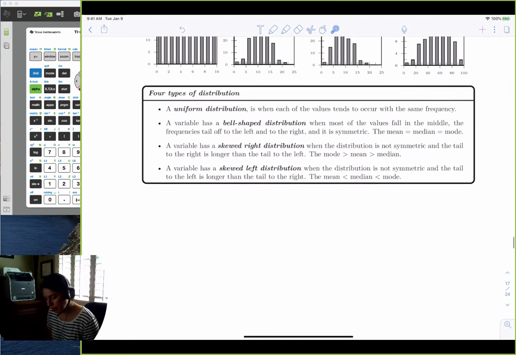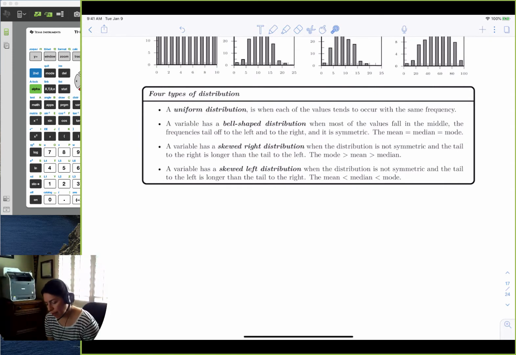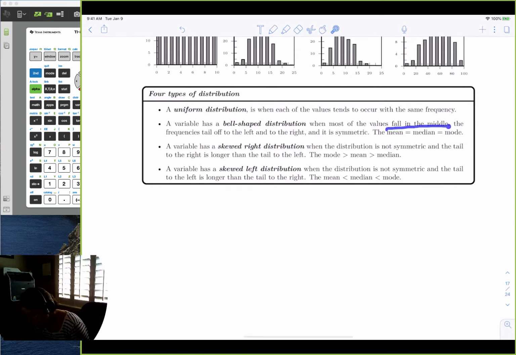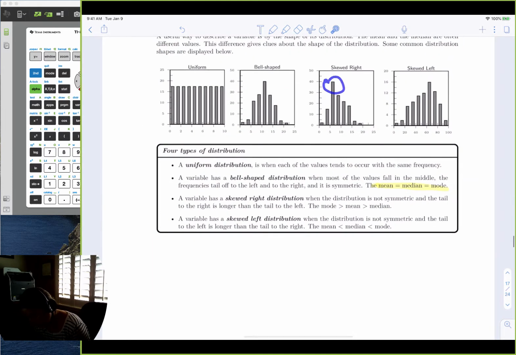So the four types of distributions, we have the uniform, the bell-shaped, right, and left. Bell-shaped means that the mean, median, and mode are all equal. Okay. Skewed right means that in order to skew right, there has to be something happening at this peak, right?